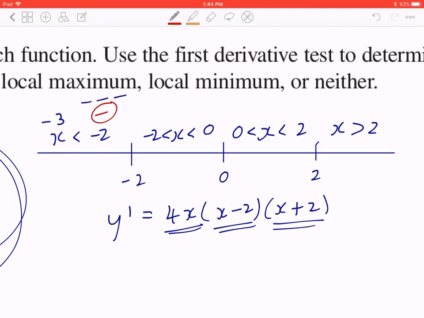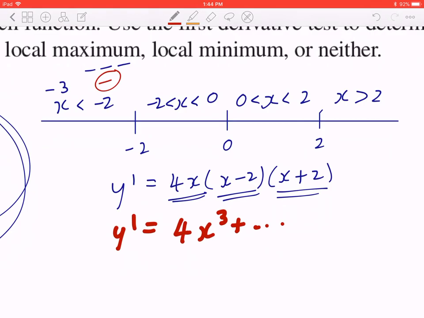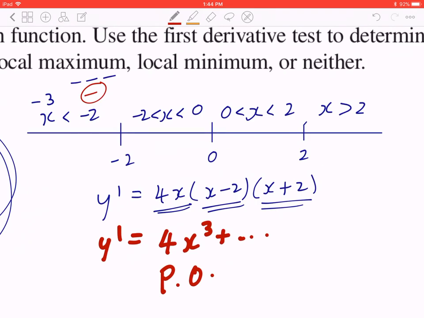Now, you can continue this, and you should still get the same answer, but a slightly faster approach is to recognize that this y prime, if we put it in standard form, is 4 times x cubed plus a bunch of other terms. And the fact that 4 is positive and x to the power 3 is odd, you can tell by inspection it's going to be positive odd.